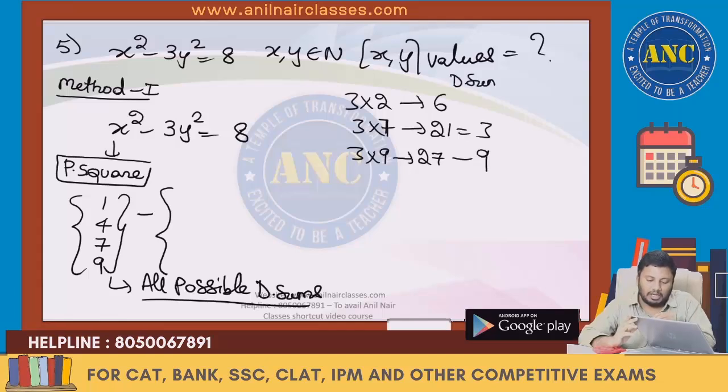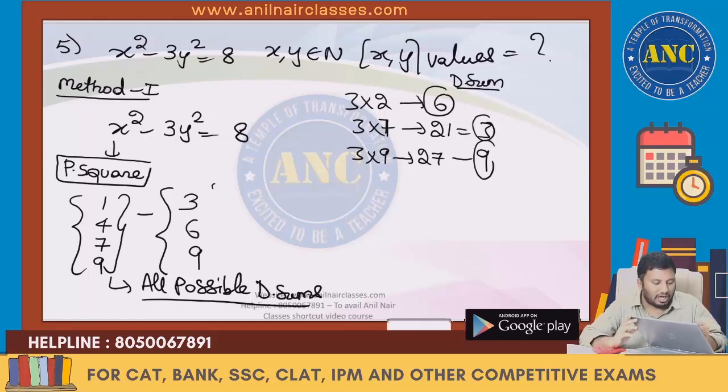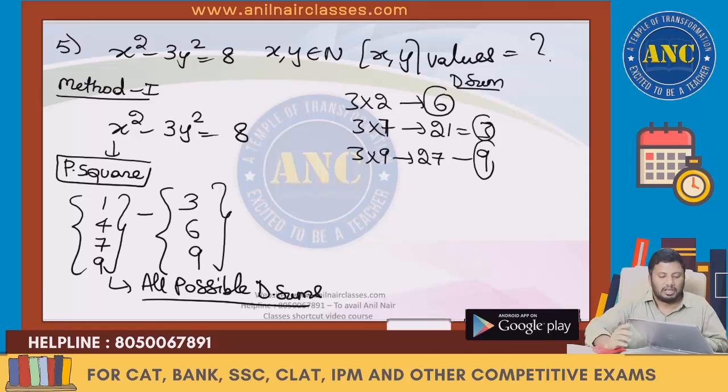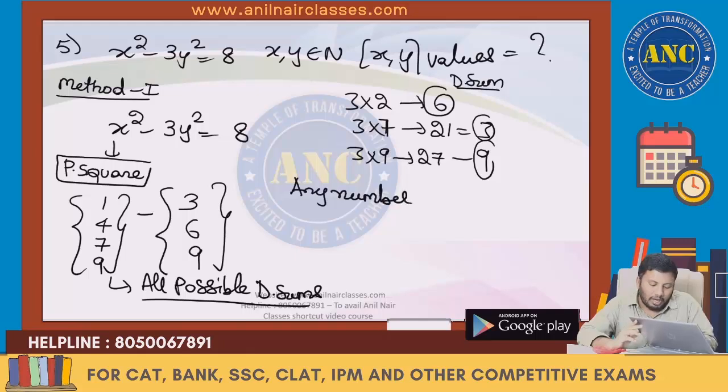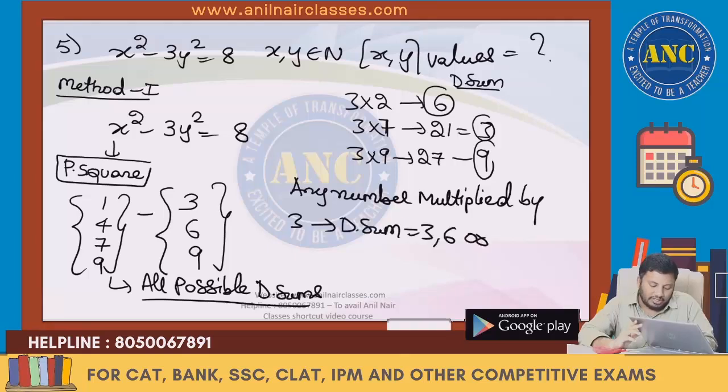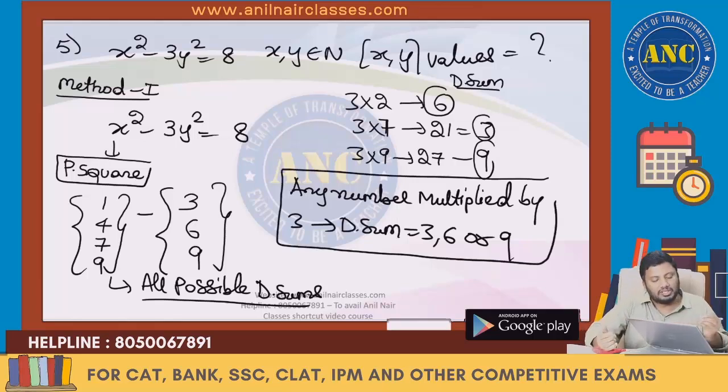Any number multiplied by 3, the possible digital sum is 3, 6 or 9. If you multiply any number by 3, the digital sum will always be 3, 6 or 9.